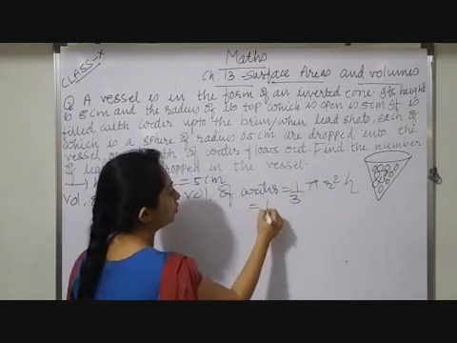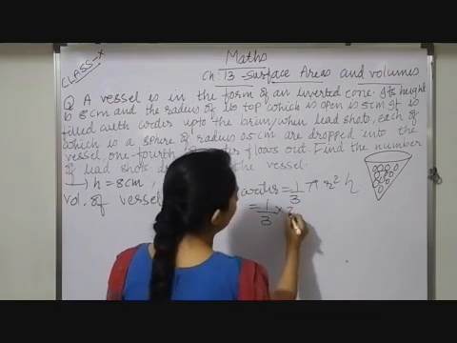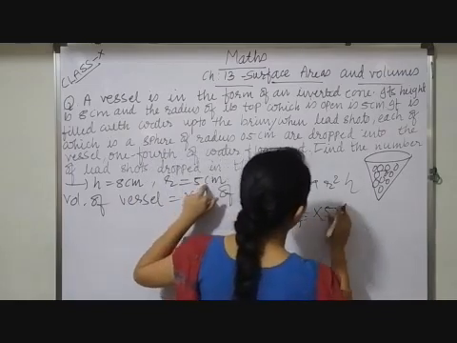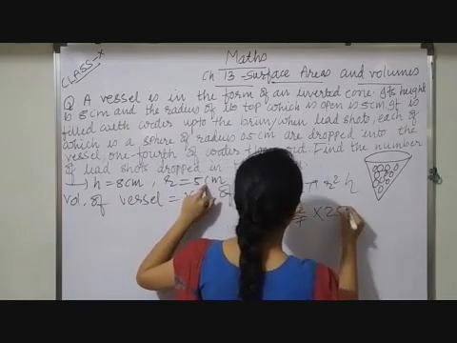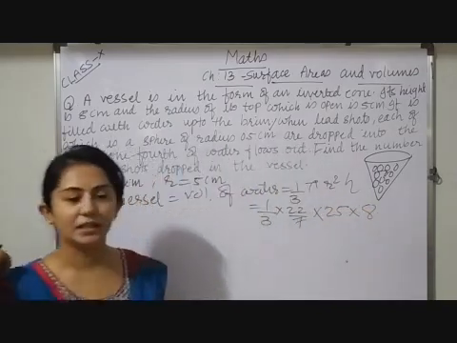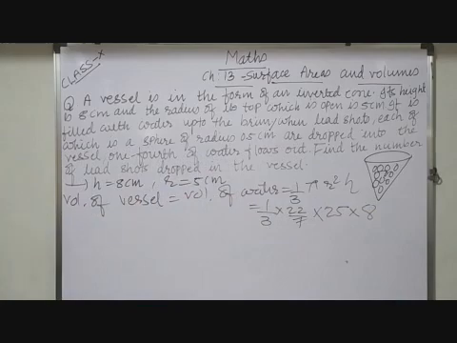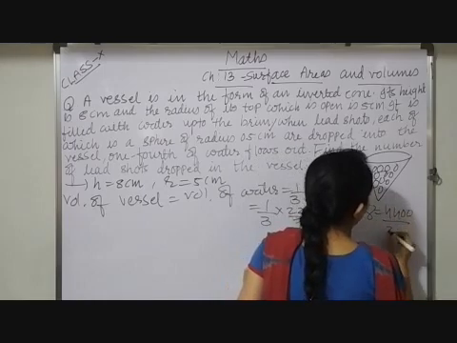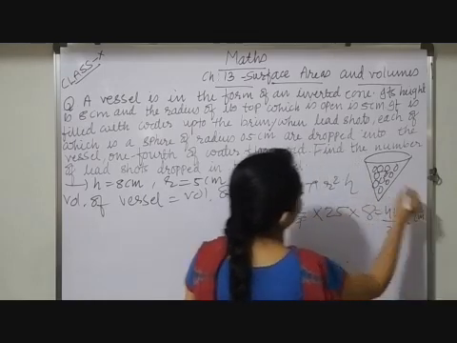So it is 1/3 into pi value 22/7, radius given is 5 into 5, that is 25, and height given is 8. When you simplify it, the answer will be 4400 upon 21 centimeter cube.